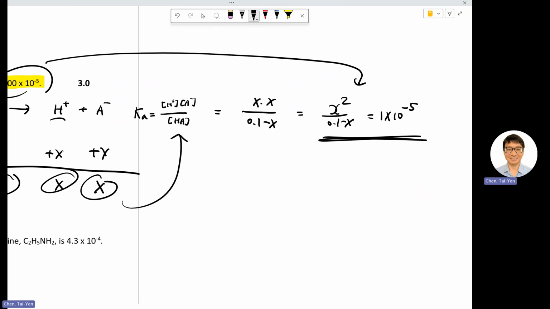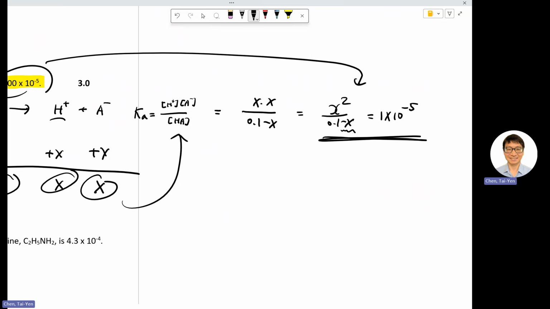Up to this point, the next thing we want to recall from our memory is that in chapter 12, we said if your equilibrium constant K is lower than 10 to the negative 4, then you can actually apply small x approximation. What it means is that these things will be actually very small.